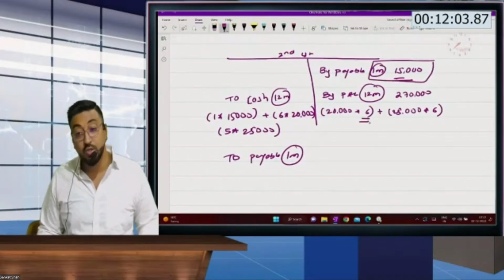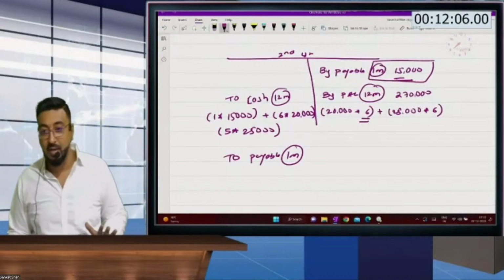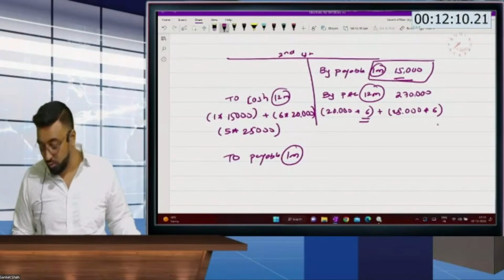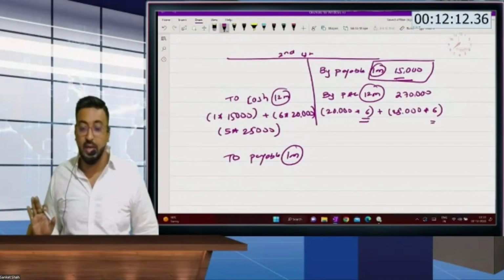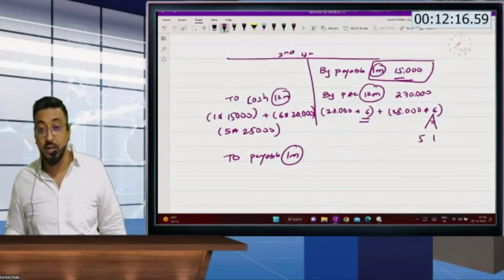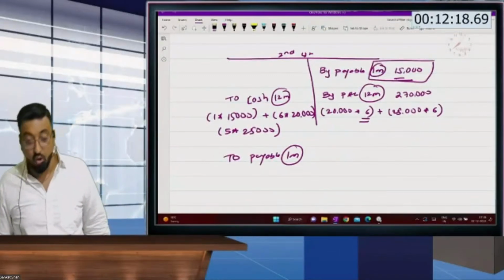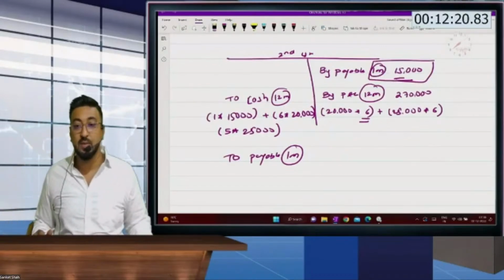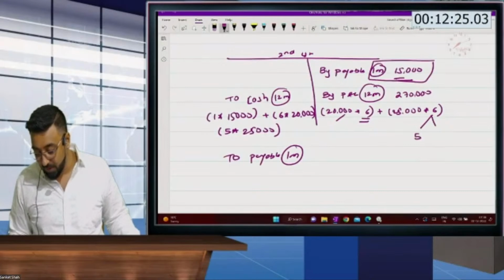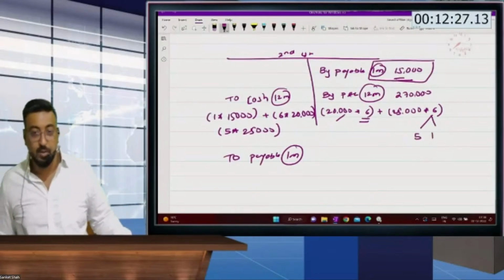Now for 6 months, you are going to pay from May to October, and from November to March, you are going to pay only for 5 months. So out of this 6, you paid for 5 and 1 is not yet paid. So 1 month of the 20,000 is not paid.